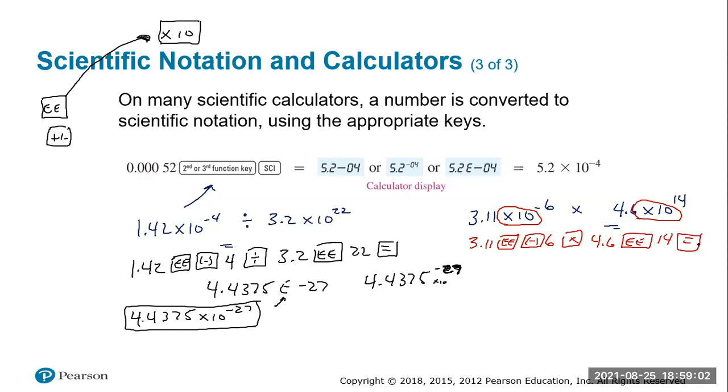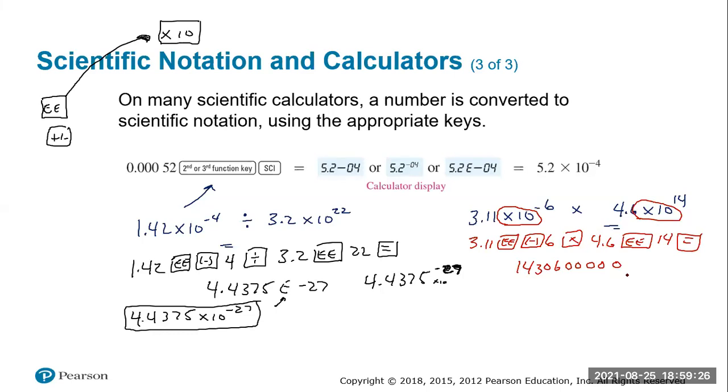If I do that, 3.11, exponent button, negative button, and 6 times 4.6, exponent button, and 14 gives me actually a big number here. So my calculator is not set to scientific notation. I end up with a number such as this.